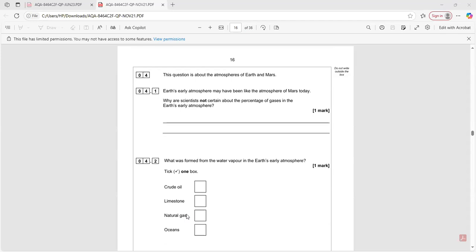Okay, the next one says, this question is about the atmosphere of Earth and Mars. It says Earth's early atmosphere may have been like the atmosphere of Mars today. Why are scientists not certain about the percentage of gases in the Earth's early atmosphere? Could it be because there were really no means of detecting those gases and measuring them that early? What do you think?